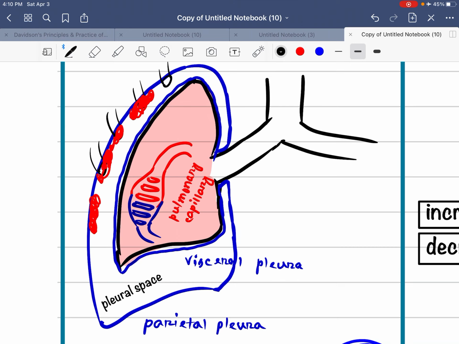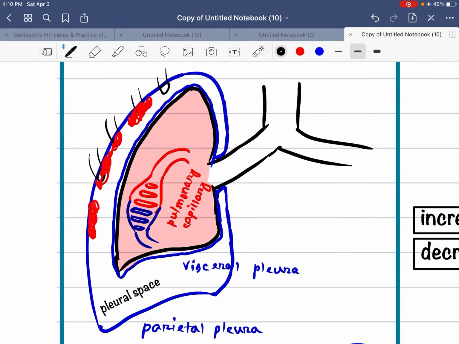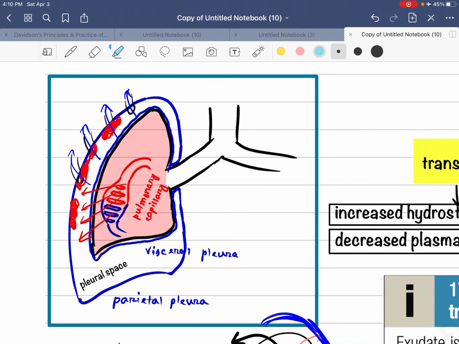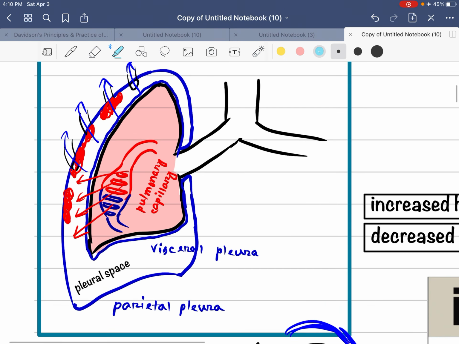You know that normally a very little amount of pleural fluid is always there within the pleural cavity, but if the lymphatic channel is obstructed by a malignant growth, the pleural fluid is synthesized continuously but cannot be drained. Because all of the channels are closed by malignant growth, synthesis is more than drainage, so there will be accumulation of pleural fluid within your pleural space. This is called pleural effusion.